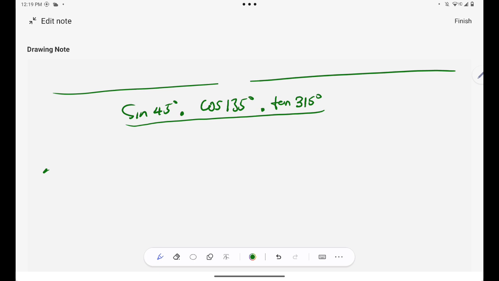Okay. Now let's not use 315 because we've used it before. Let's use 300.